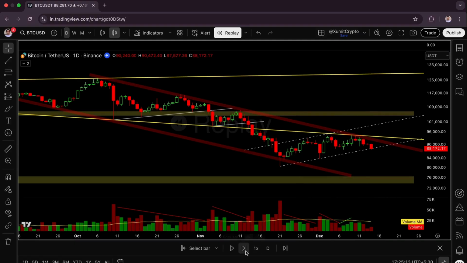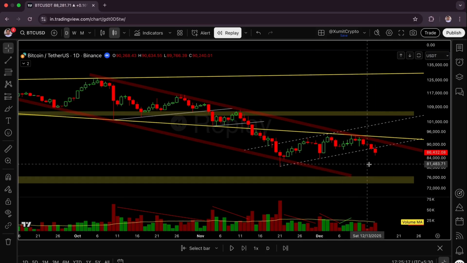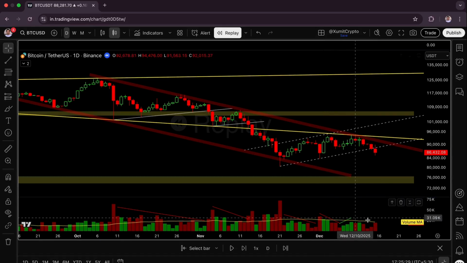And on Monday, we saw a proper breakdown from the channel here. So the scenario that we discussed last time, that it may break down the channel, happened on Monday, 15th of December. Saturday and Sunday volumes were very low, but on Monday it was reasonably okay volume. I wouldn't say very high.